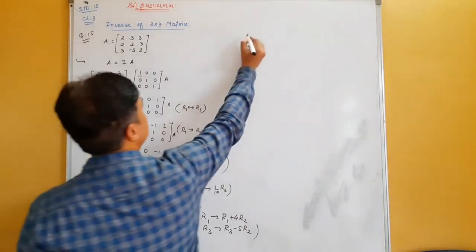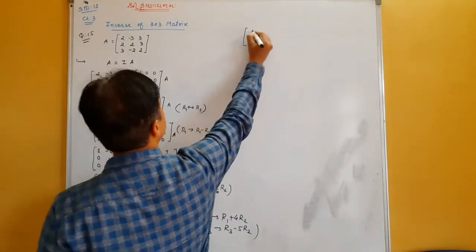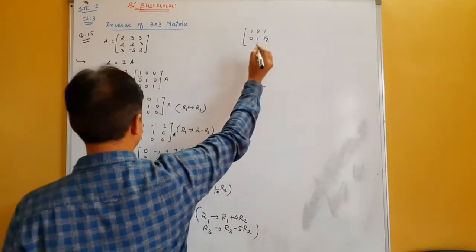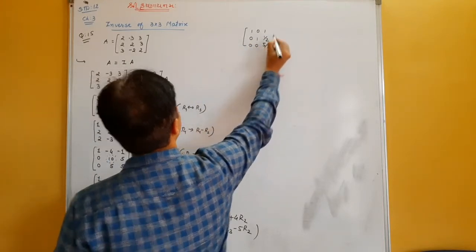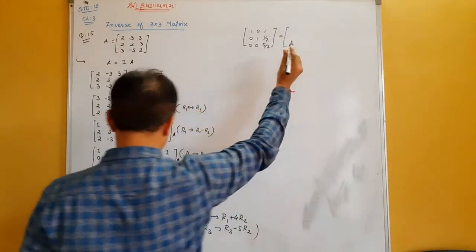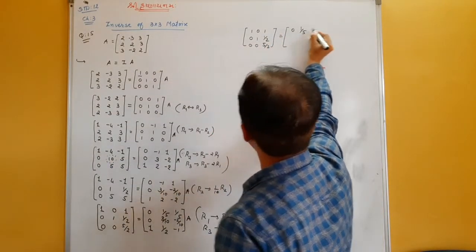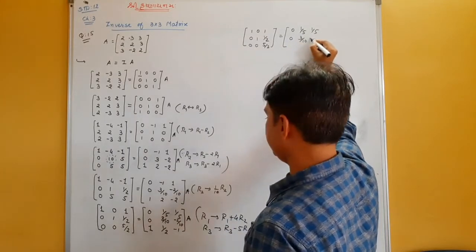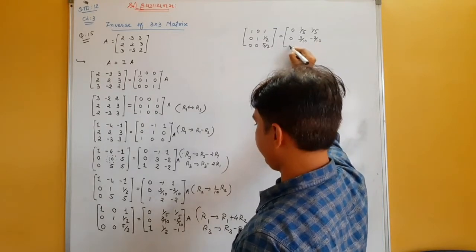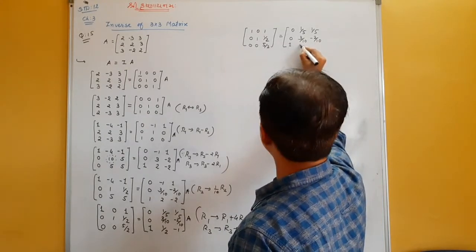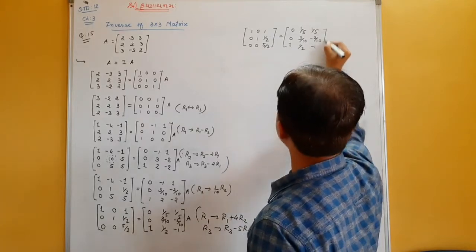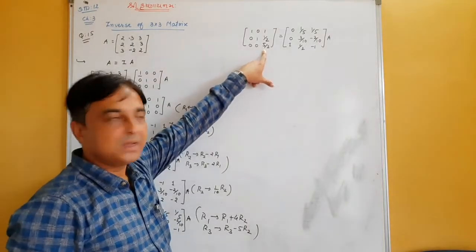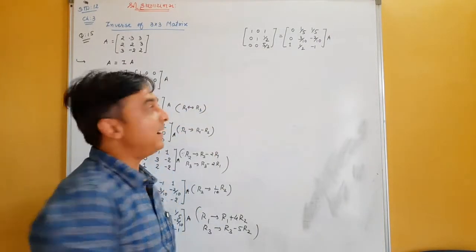So write down the same matrix: 1 0 1, 0 1 1 by 2, and 0 0 5 by 2, is equal to 0 1 by 5 1 by 5, 0 3 by 10 minus 2 by 10, 1 by 2 minus 1, into A. Now we have to make it 1. So multiply by 2 by 5.